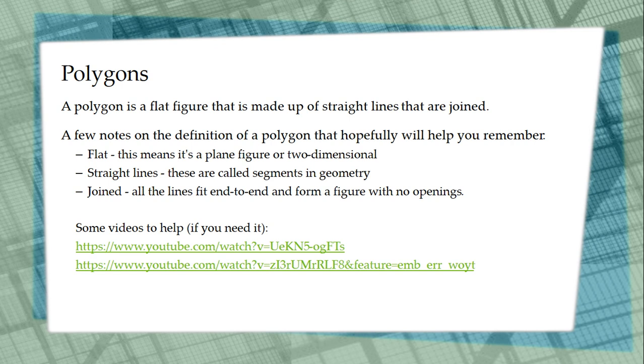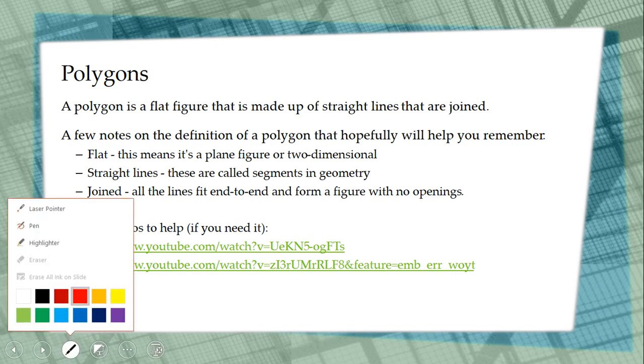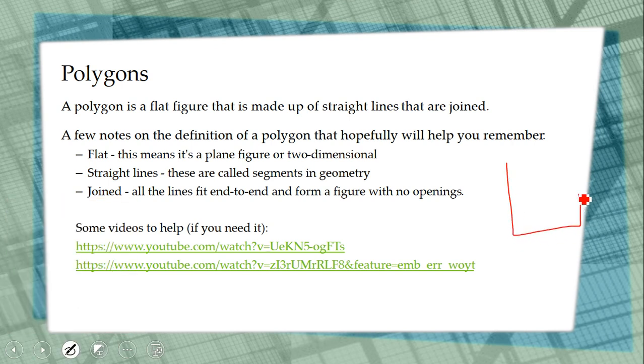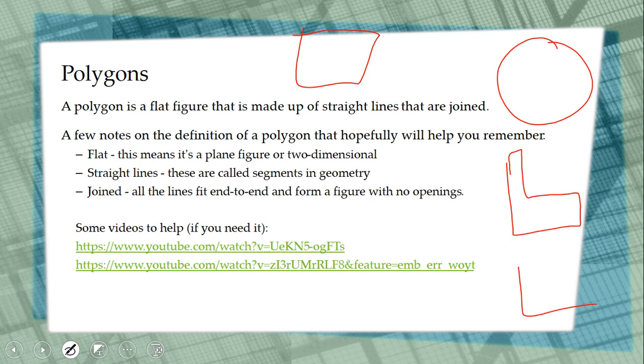So it can't just be a line or an L, it has to all be together. So I'll show you one example. That is a polygon, but if I just had that, that's not a polygon. This is not a polygon, but this is, okay?